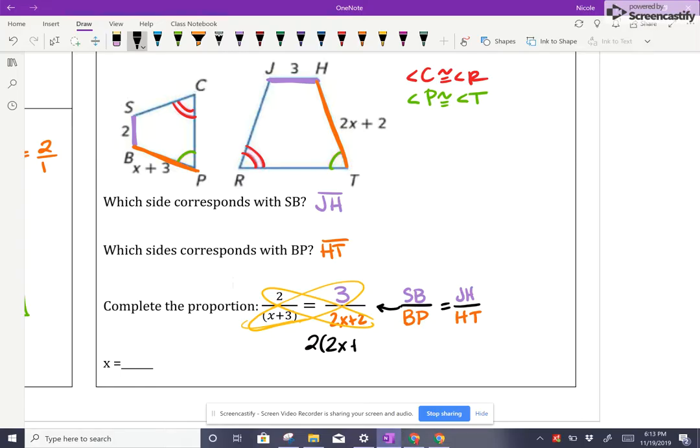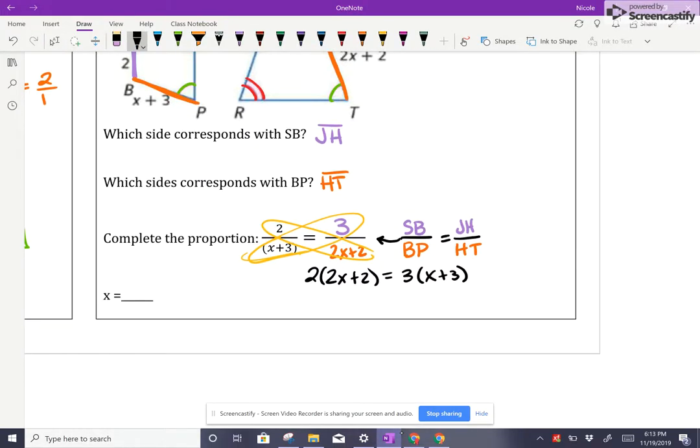So 2 times 2x plus 2, we have to distribute there, equals 3 times x plus 3, distribute there as well. So you're going to have 4x plus 4 equals 3x plus 9. We're going to do some moving around. Subtract your 3x, subtract your 4, and you end up with x equals 5. There you go.